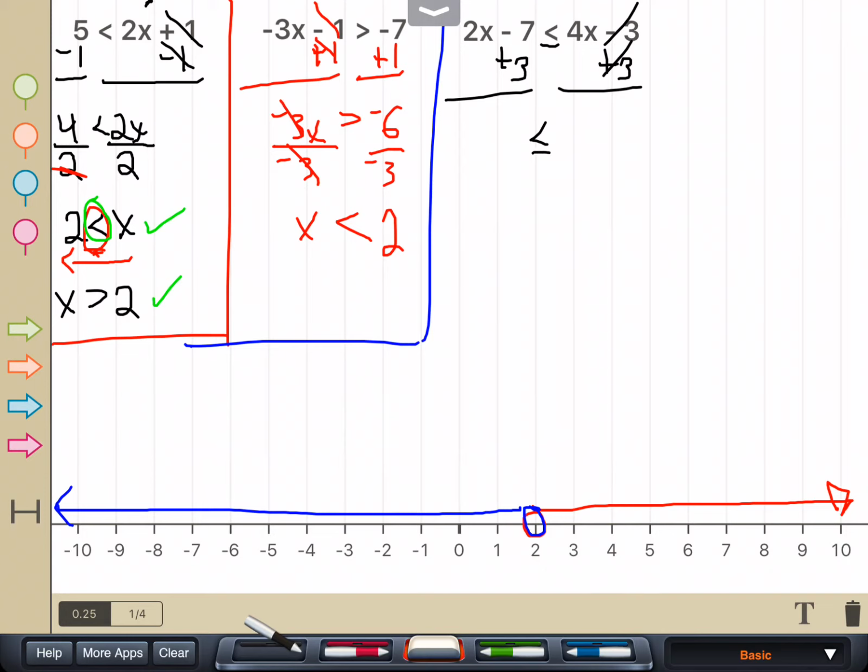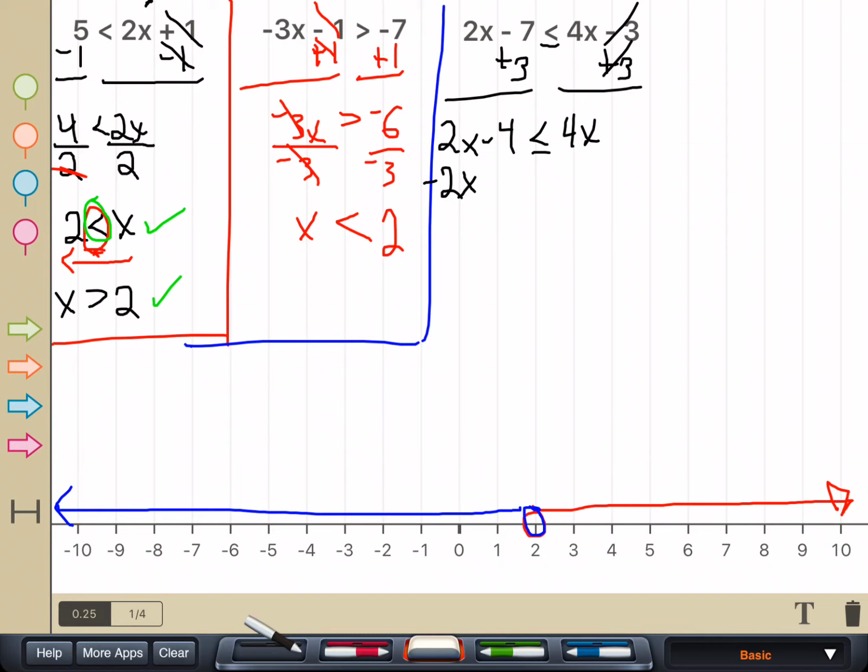I still have less than or equal to 4x, and on this side I have 2x minus 4. Okay, now I want my variable on one side and my whole number on another side, so it makes sense for me to deal with the negative 2x. I want to get rid of it entirely, so I'm going to subtract the whole thing.